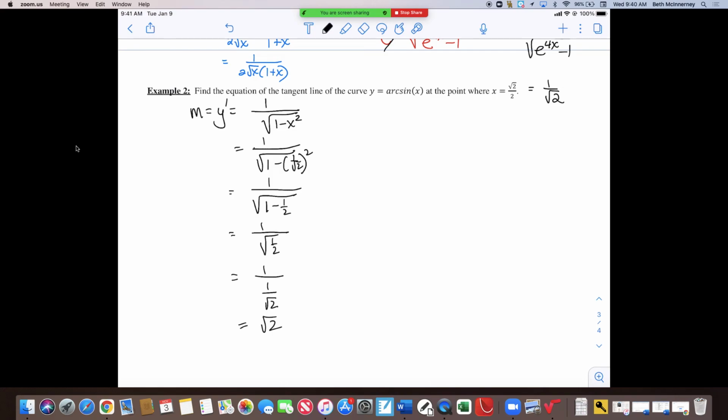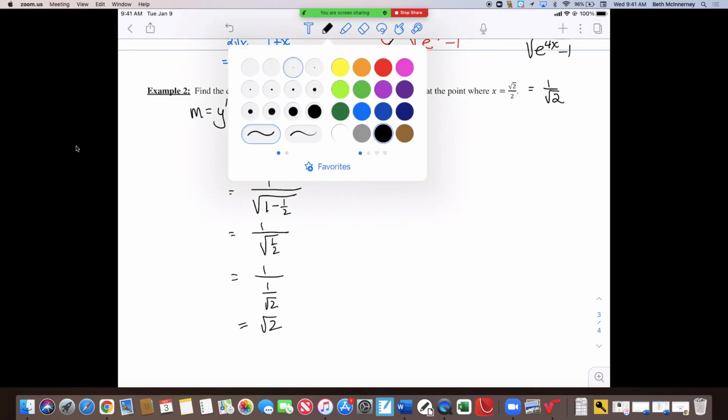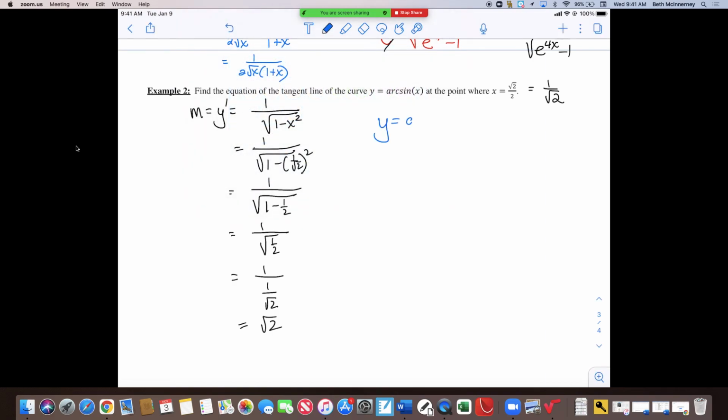Yeah, Kai? See it? Okay, now I need the y-coordinate. So I'm really asking myself, the sine of what angle gives me radical 2 over 2? So what is that? Pi over 4. So my point, and it does not matter if you change radical 2 over 2 to 1 over square root 2. That is absolutely fine.